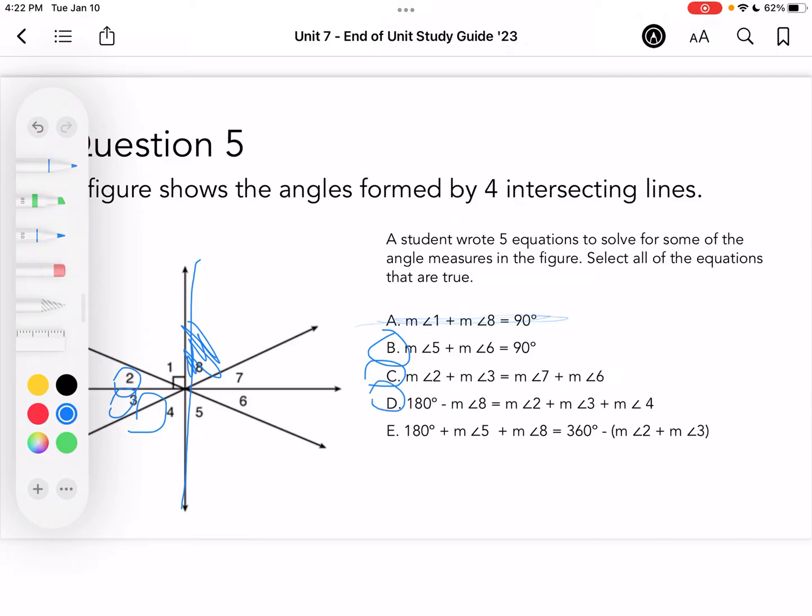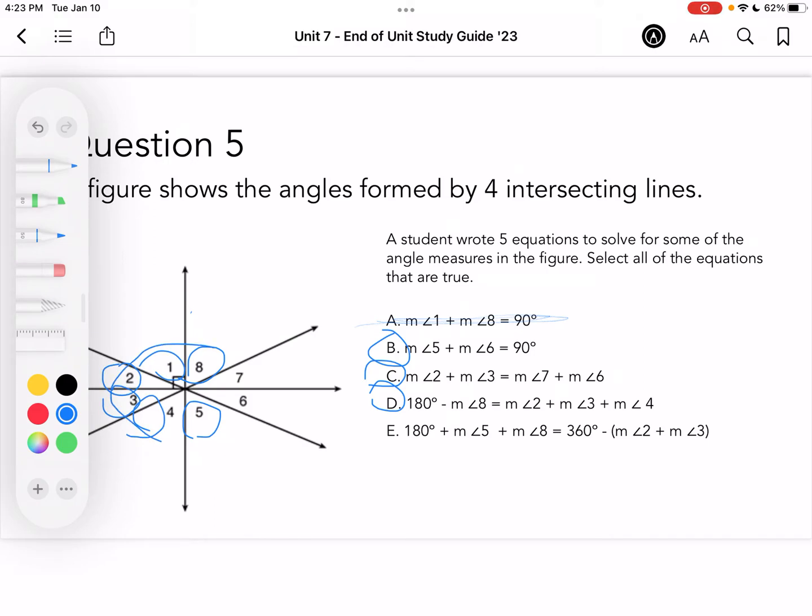Okay, 180 plus angle 5 and angle 8 is equal, so that would be all of these angles.